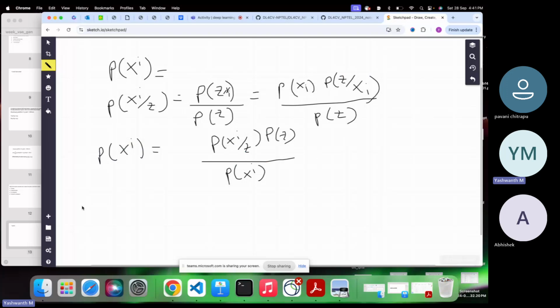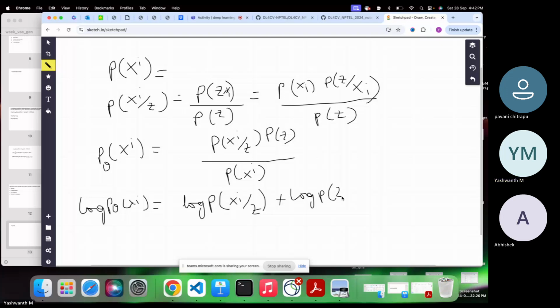Let's take the log on both sides. Call this P theta, plus log of p of z, minus log of p of x.